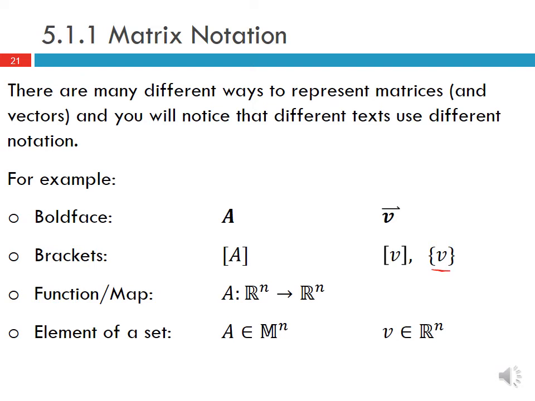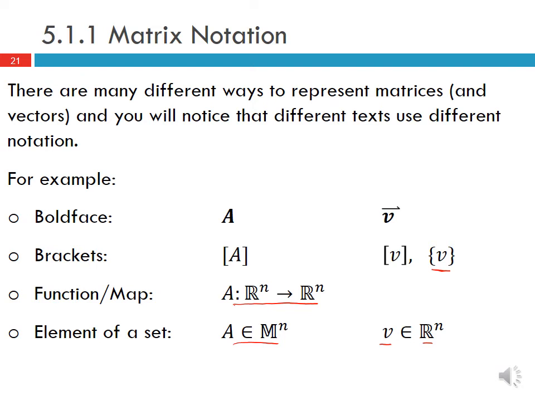You can use mathematical notation with a function defining it as a map between vector spaces, or you can describe the elements of a set. So A is in the set of all the matrices of n dimension, or v is in the set Rn.